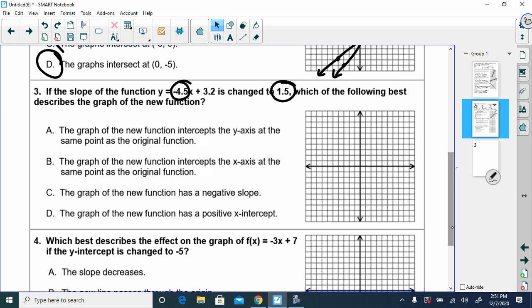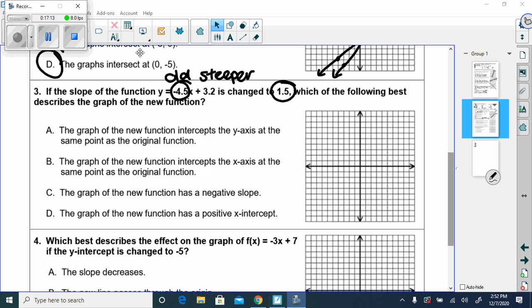Which one's bigger? Right, because the negative doesn't affect steepness, right? Okay, so we want to say that the old is steeper. All right, so the old is steeper and the old slants the other direction, right?